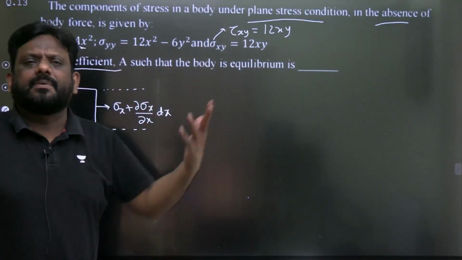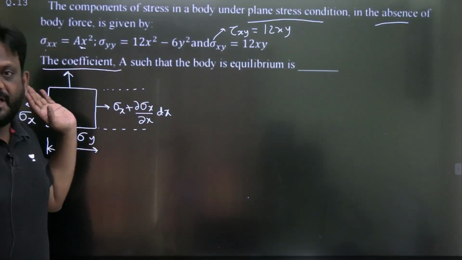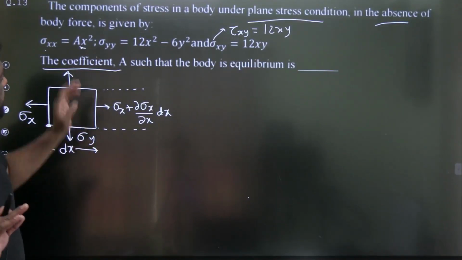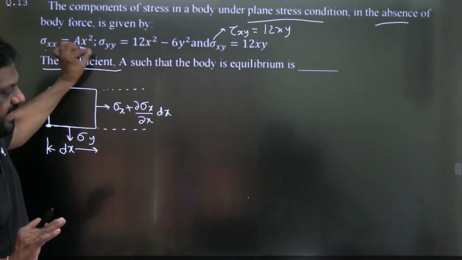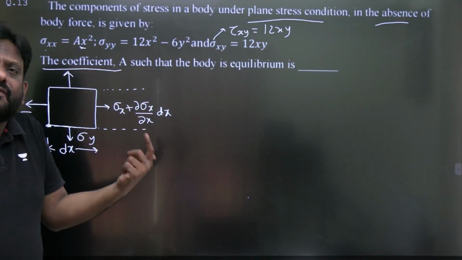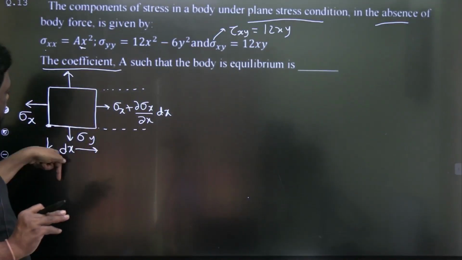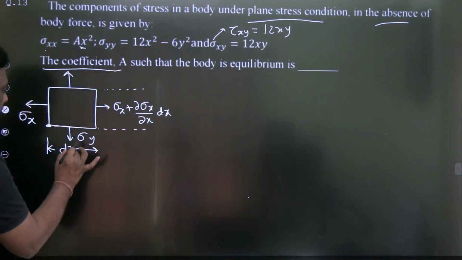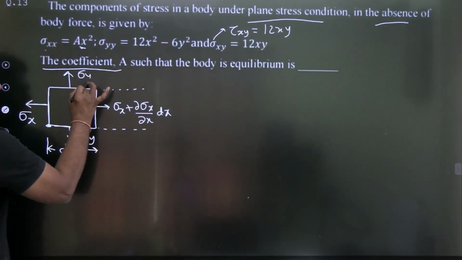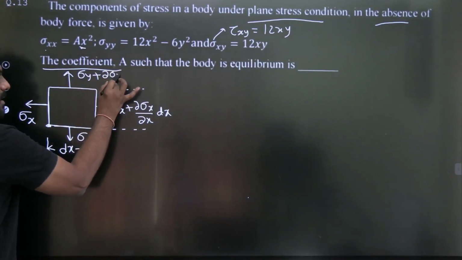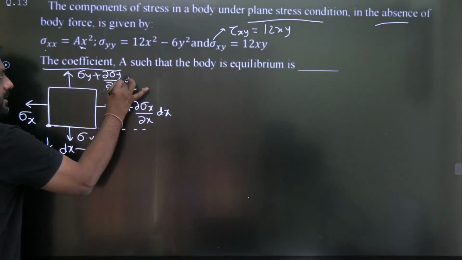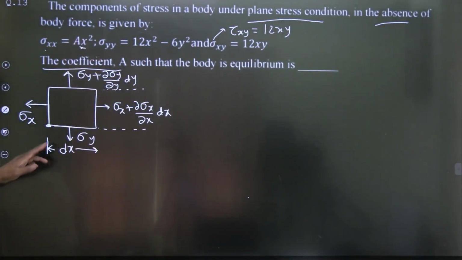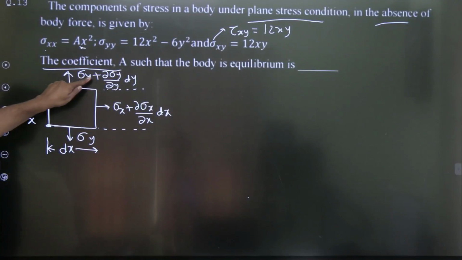Had it not been variable, I would have directly taken sigma x only. In this case, the stresses are varying with x. So if they do not vary, I will take directly sigma x, sigma y. But they are given as a function of x. It is a special problem. So if it is sigma y, it will be sigma y plus dou sigma y by dou y dy.